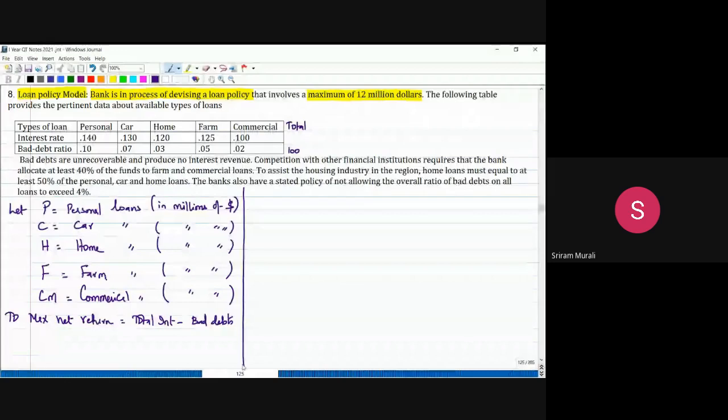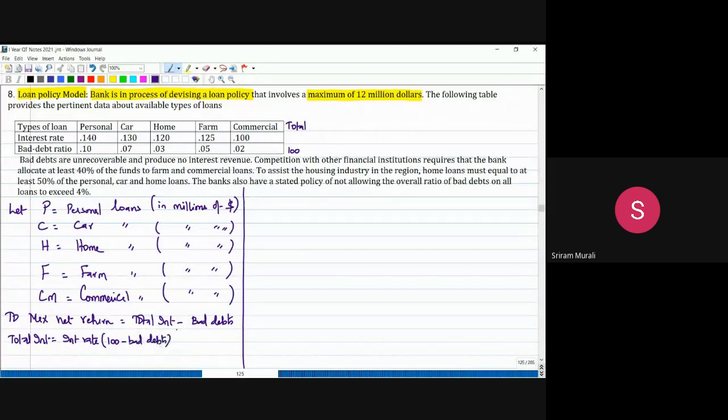So what is the total interest? Total interest is equal to the interest rate multiplied by the amount I recovered, after bad debts. Everything is given in percentage.